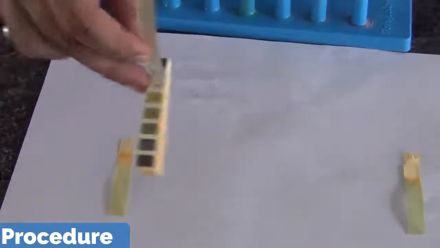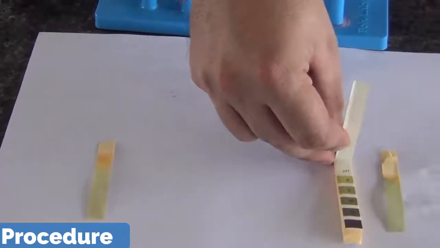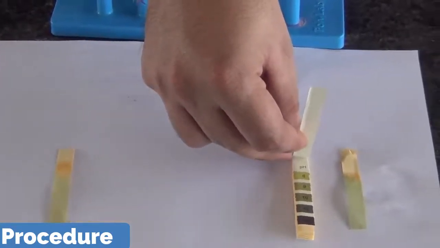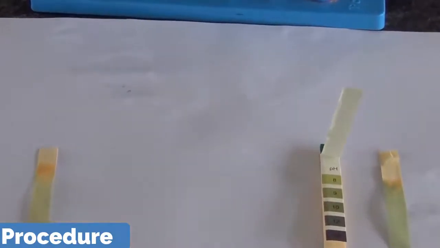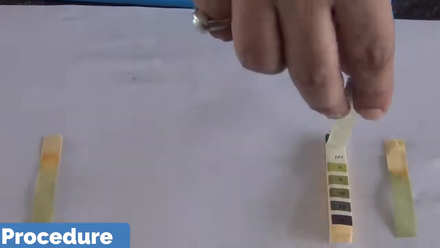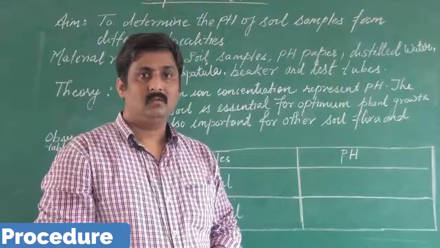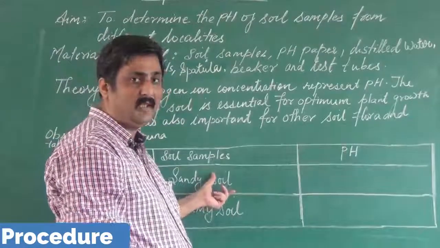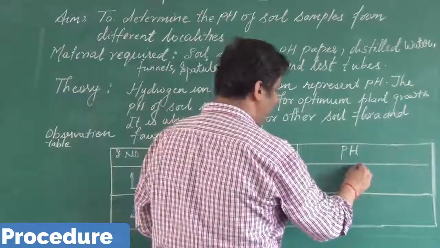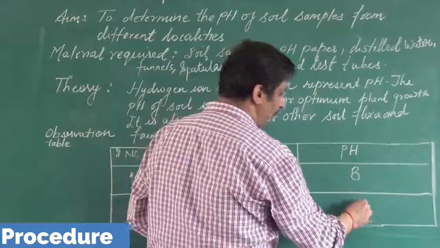In case of loamy soil, it is somewhere between 8 and 9 pH, closer to 9. So here we conclude that the sandy soil is having a pH of 8 and the loamy soil is having a pH of 9.